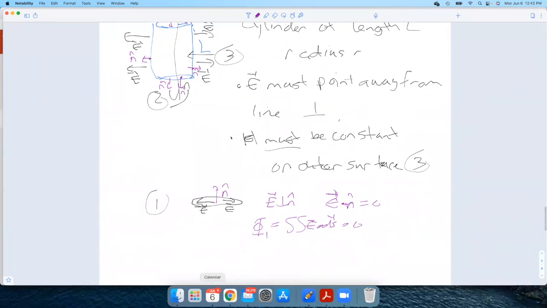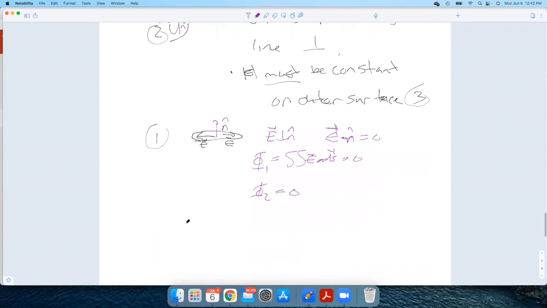Similarly, for the same reason, look down here, E's parallel to the surface, perpendicular to the normal vector. Flux number 2 must be 0. No flux flows through the top or bottom. All the flux flows through the label of the soup can. So in section 3, E is parallel with N, perpendicular to the surface.